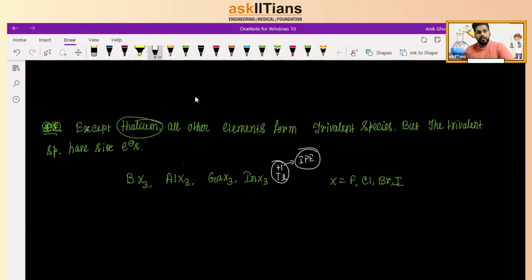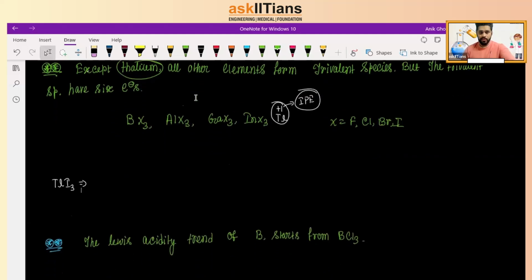Now, still we get to see a compound out there called TlI3. How is it possible? This molecule doesn't break into Tl3+ and 3I-. It's not how it is in reality.